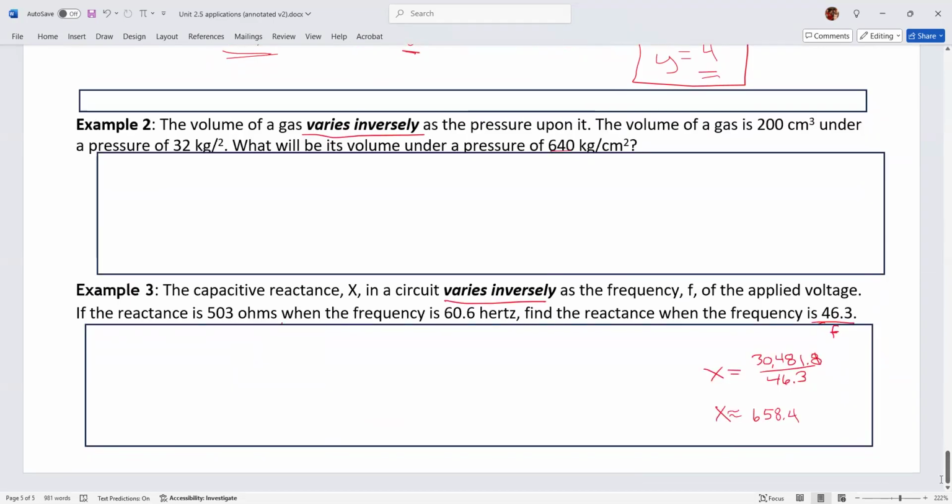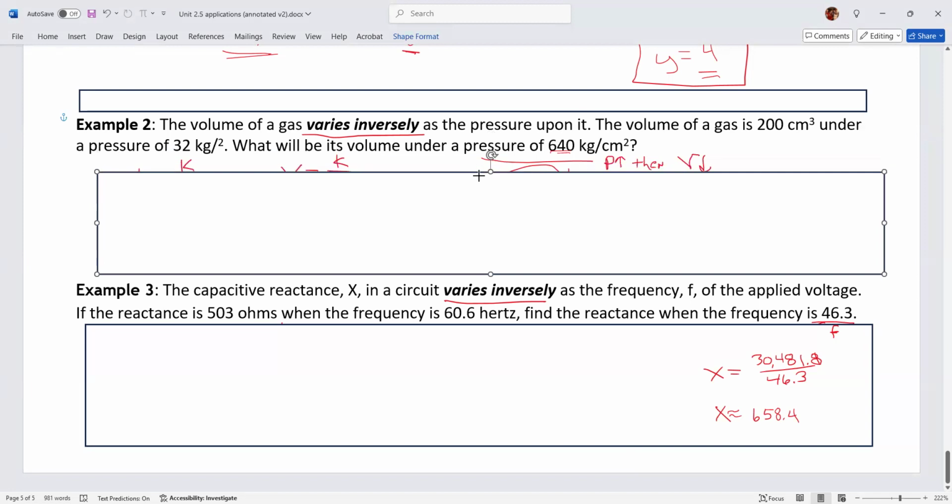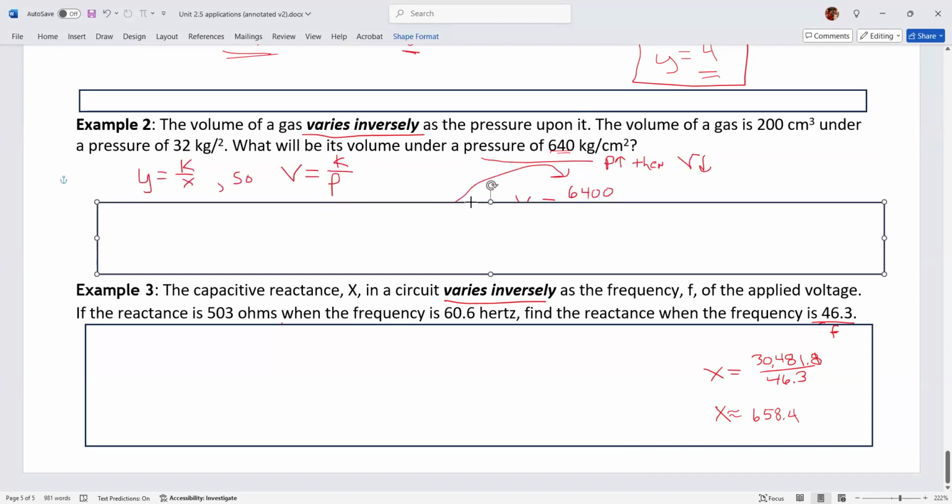The volume of gas varies inversely as the pressure upon it. The volume of gas is 200 cubic centimeters under a pressure of 32 kilograms squared. What will the volume be under a pressure of 640? Okay, so first thing is to set up the formula to find the value for k. If y is equal to k over x, in this case, if you read the problem, the volume varies inversely with pressure.